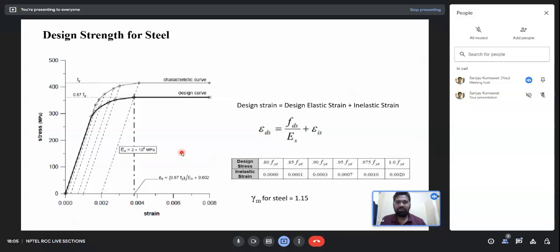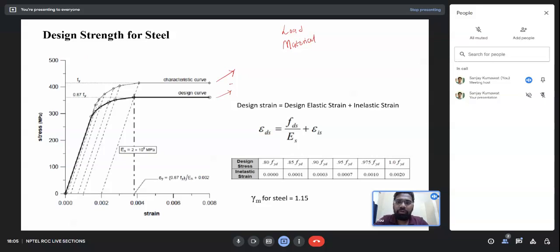You must have seen the week 2 content and the week 3 content up to now. Let me switch on to this pen mode. Here you can see we have these two curves. The first one is the characteristic curve and the other one is the design curve. So basically we have a partial factor of safety for load, and the other one is for material, or we can say for strength.